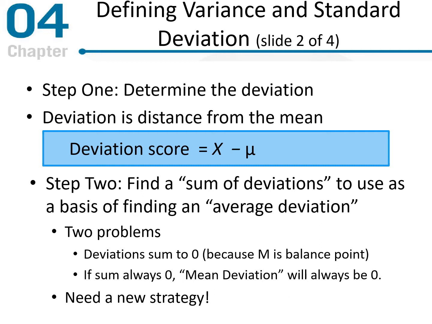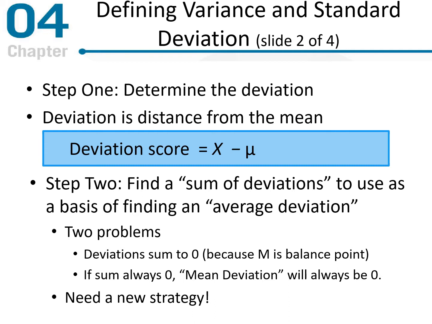The big problem with doing the standard deviation this way is that if you add up all the deviation scores, all the x minus mu's in your population, you're going to always get 0. So if you divide 0 by the number of scores you have, you're always going to have 0. Therefore, the standard deviation would always be 0, and that makes no sense at all.